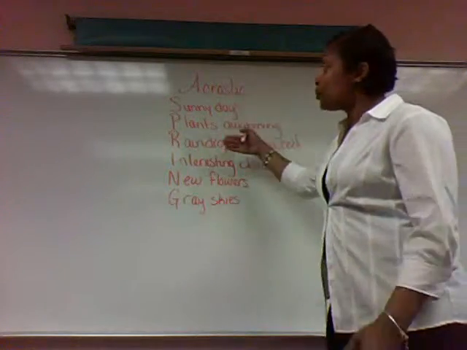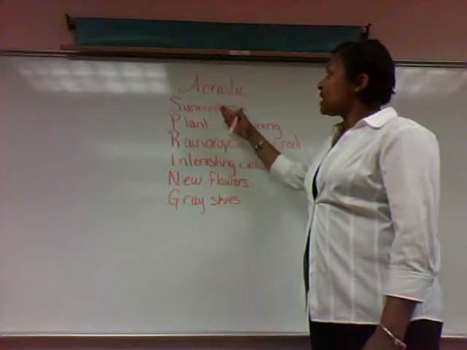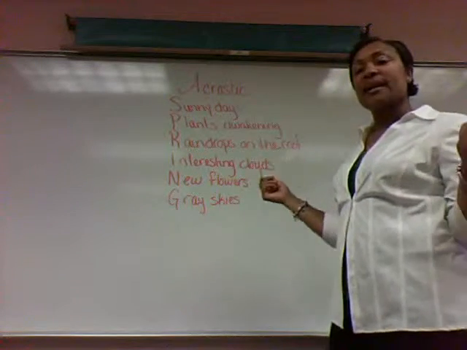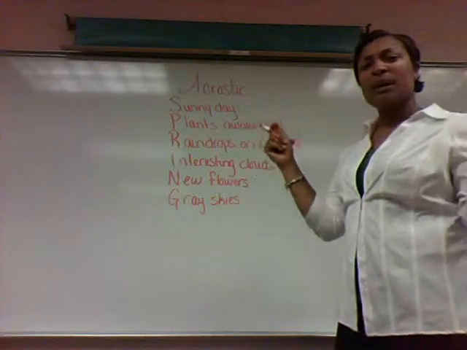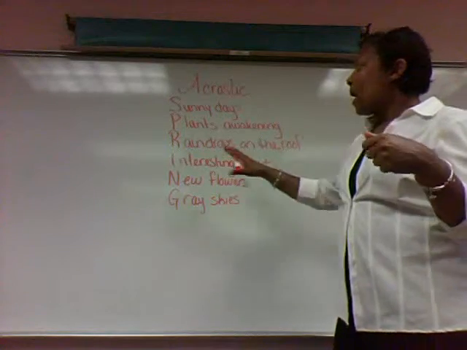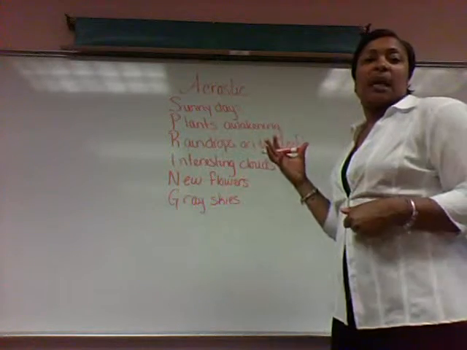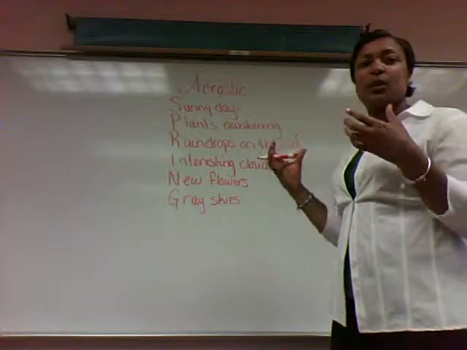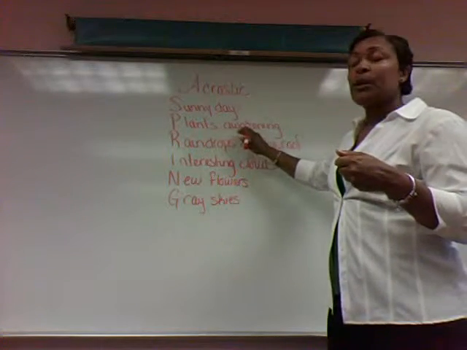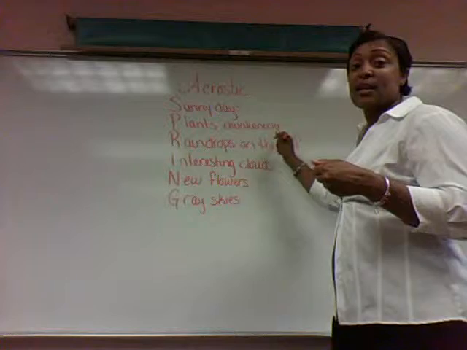So when I go back through my poem, I may say, sunny days. I like that. Simple, great way to start the poem out. Wonderful. But when I get to plants awakening, I want to add something a little bit more. So because there's already personification here, I want to take that to another level.